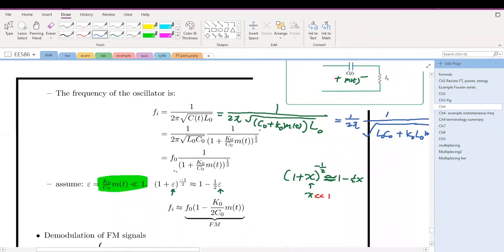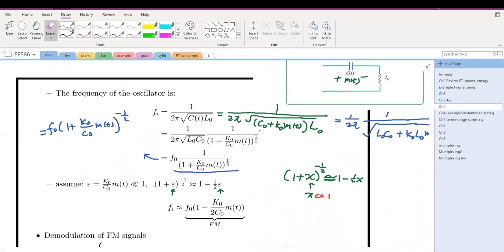Now I reorganize this term. This equals f0 times (1 plus K0 over C0 times m(t)) to the power of minus half. We design the circuit to satisfy this condition, and this portion is actually the x term.